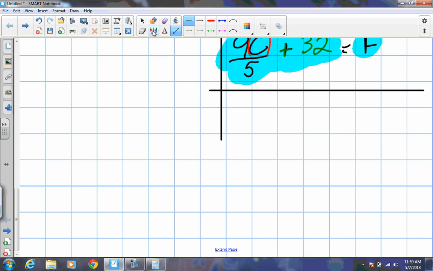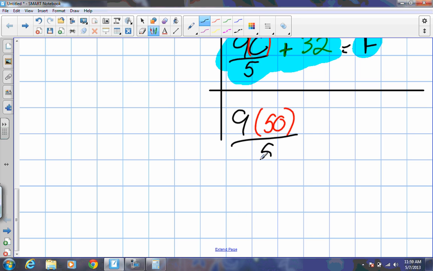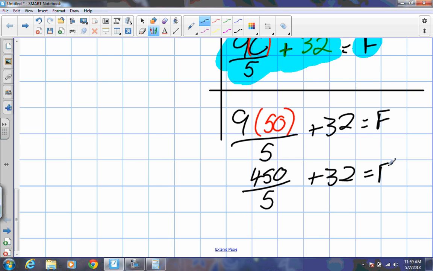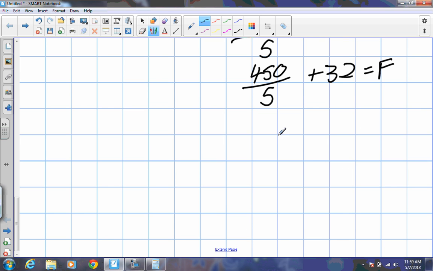So we have 9 times 50 divided by 5 plus 32 will give us our Fahrenheit. 9 times 50 is 450. 450 divided by 5. Anyone know? 90.